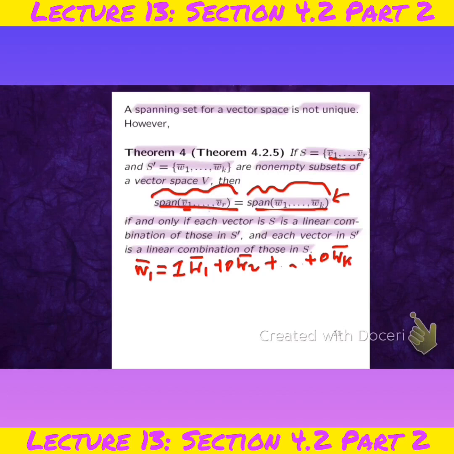So W1 is a linear combination of vectors in S', so it is in the span of S'. And because the span of S' is equal to the span of S, W1 is in the span of S, and therefore W1 is a linear combination of the vectors in S.